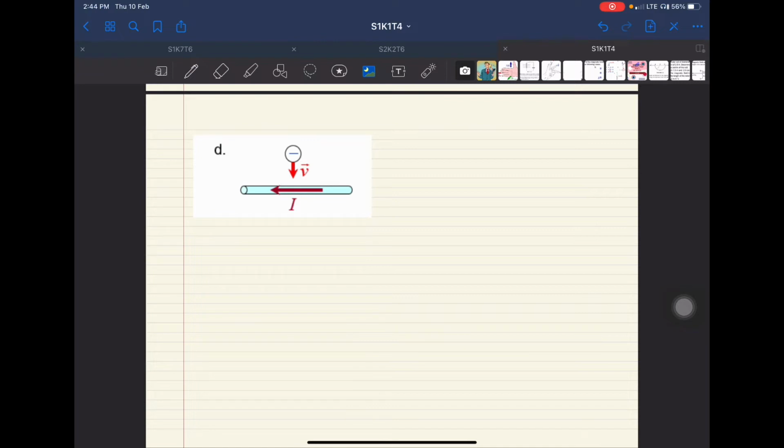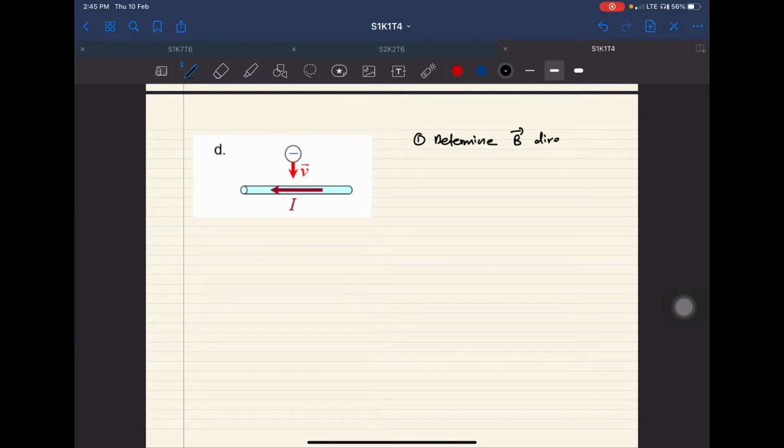You can determine that by using right hand grip rule. So the method to solve this one, first determine B direction. Okay, what you need to do is put your thumb in the same direction of current. Okay, if you're not sure, you can watch the previous video. And then all your fingers will be directed like that.